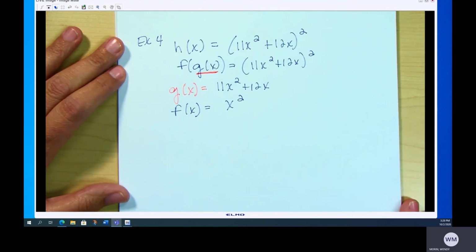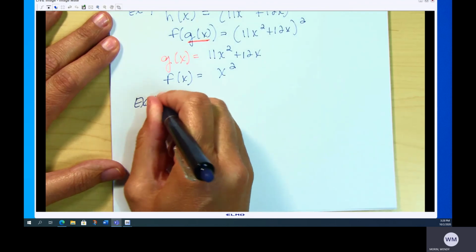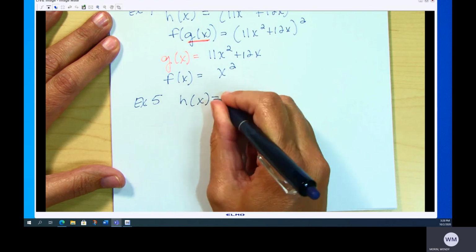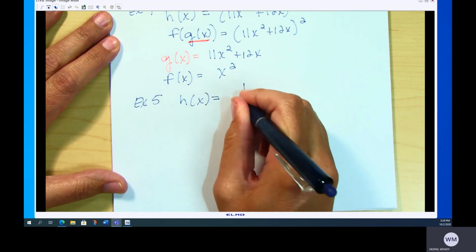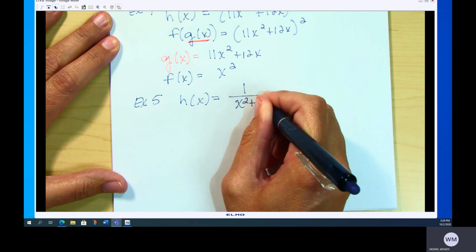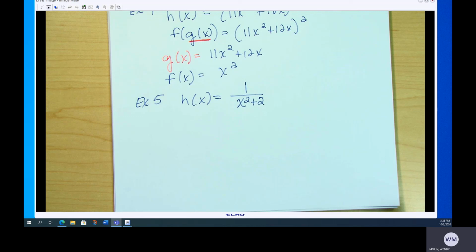Okay, so that's just like that one. Let's try ones that are a little bit different. Let's say h of x was your composition, and your end result was 1 over x squared plus 2.